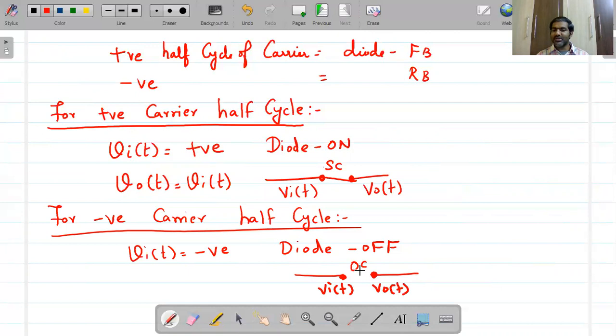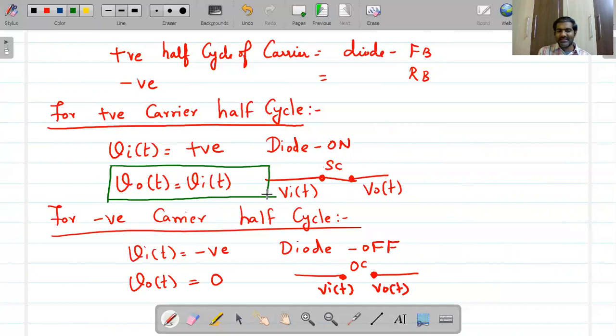In open circuit condition, there is no current flowing, so the voltage will be 0. So your V naught of t is equal to 0. So the circuit is operating based on diode switching characteristics.